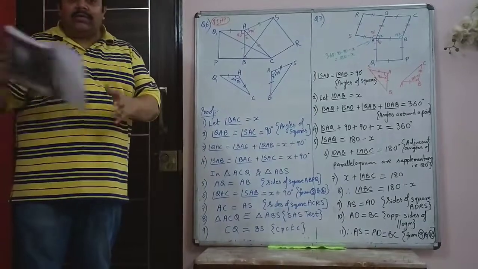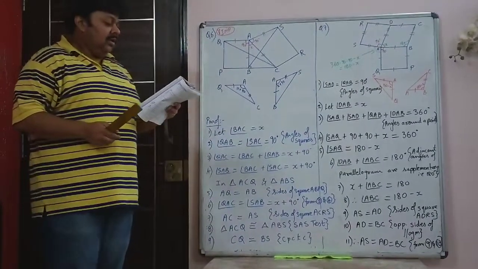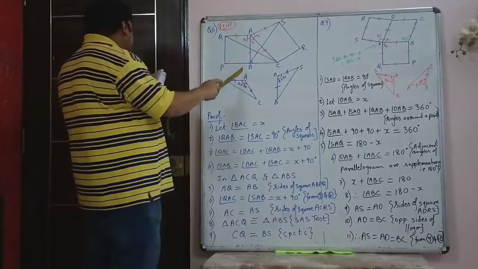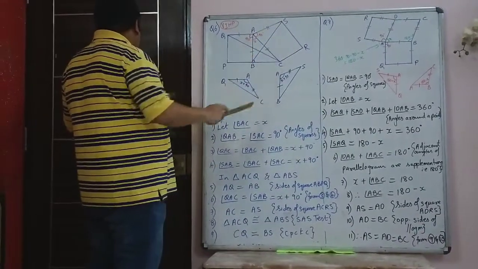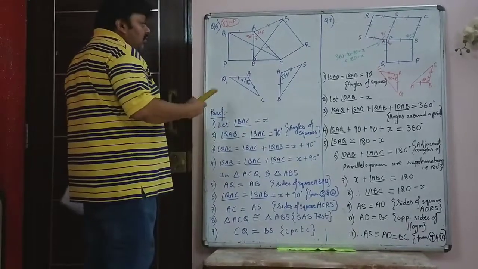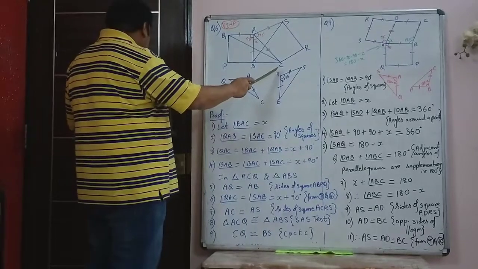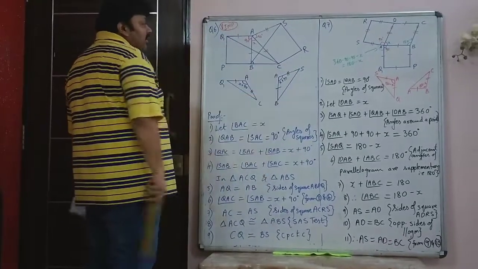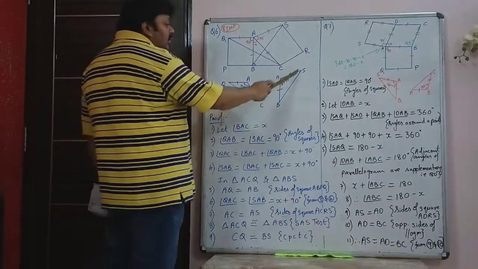So you need to prove that triangle ACQ and triangle ABS are congruent, and then you need to prove CQ is equal to BS.